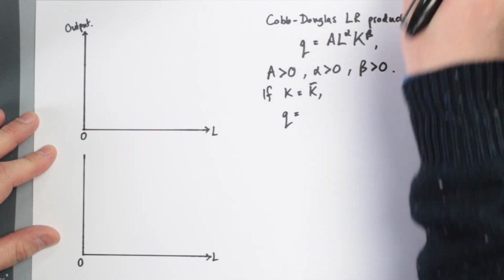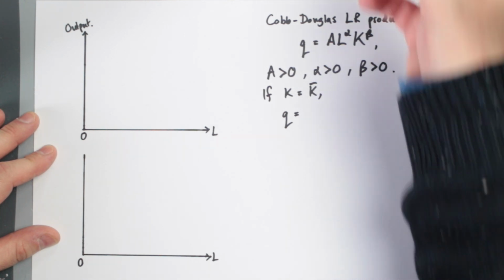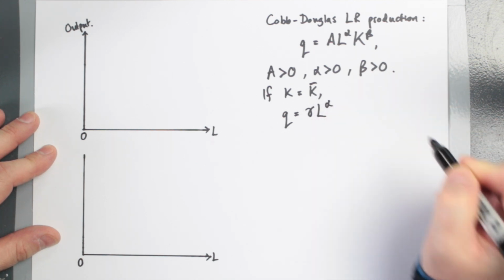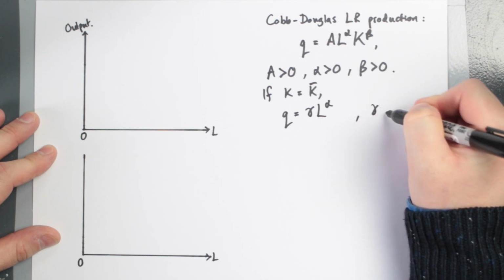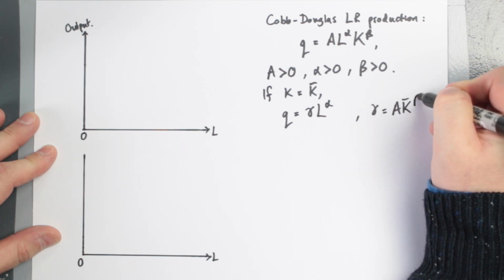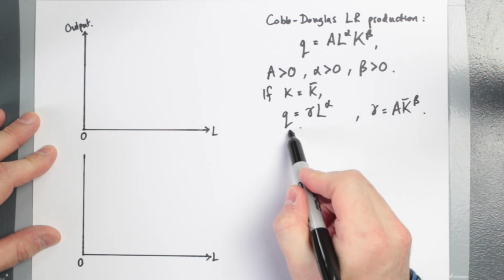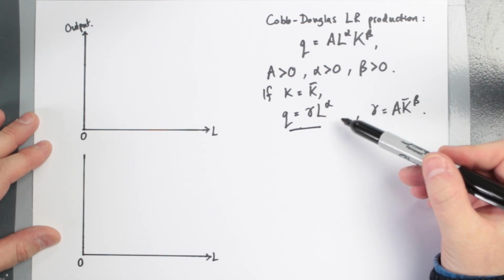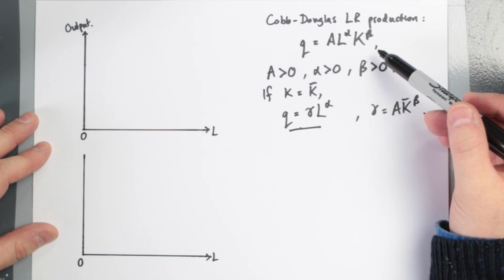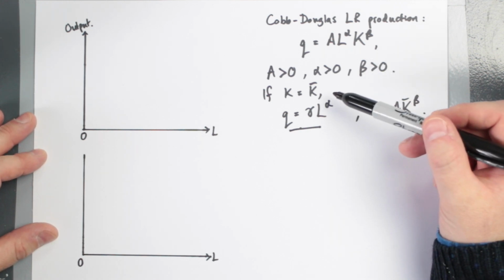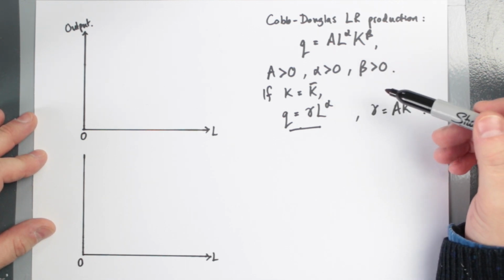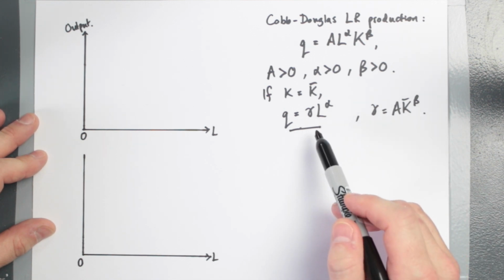So just to be consistent with the notes, I used gamma times L to the power alpha, where gamma is just our constant parameters, A K bar to the power beta. Okay, so this would be the short-run production function that arises from the long-run Cobb-Douglas production function when we take capital as fixed at some value K bar.